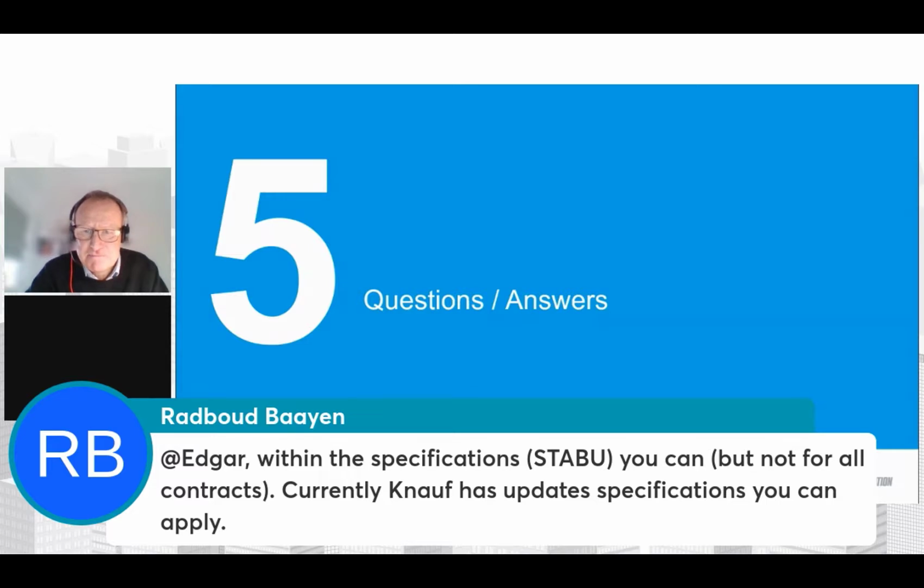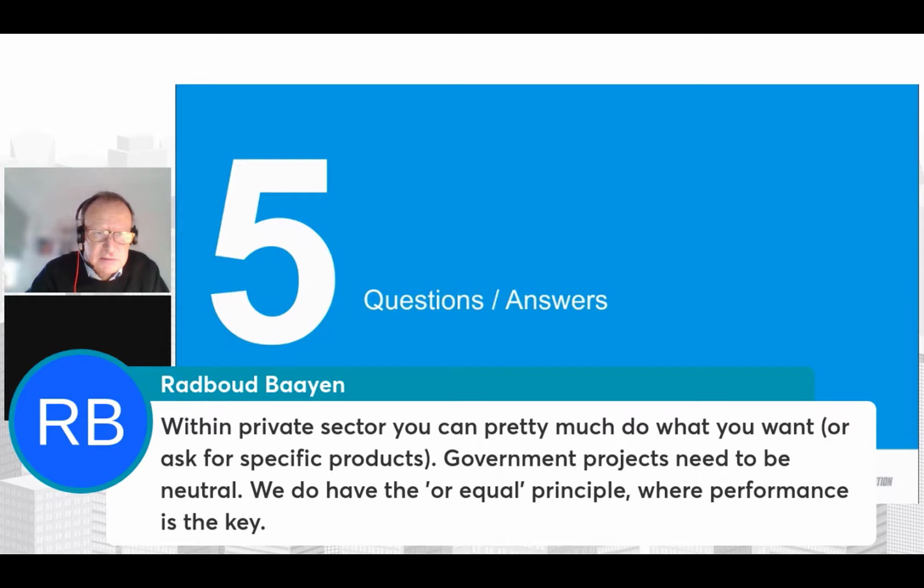Yeah, but in which stage? I think the question was on the stage where you know specific, maybe it's country oriented. Radboud added that as well. Within private sector, you can pretty much do what you want or ask for specific products. Government projects need to be neutral. We do have the 'or equal' principle where performance is the key.